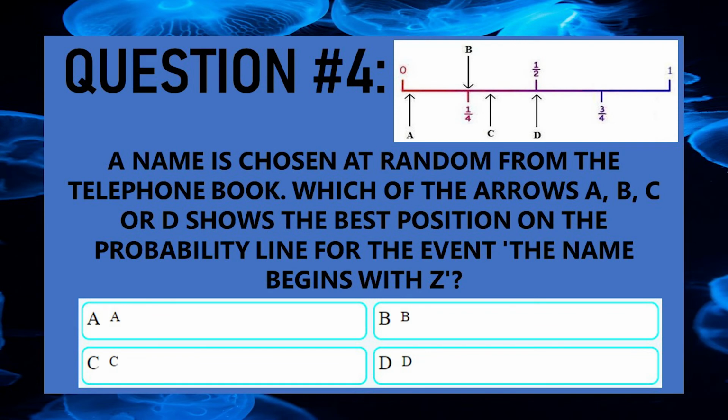Question number 4. A name is chosen at random from the telephone book. Which of the arrows A, B, C, or D shows the best position on the probability line for the event: the name begins with Z?